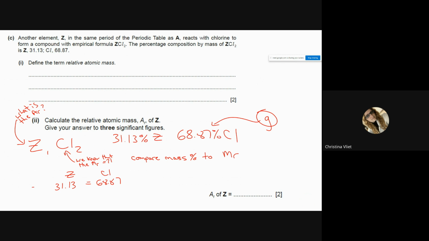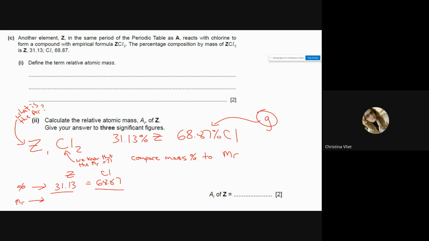And so on the top, I would put my percentages. On the bottom, I would relate their atomic masses. So on the bottom, I would relate their MRs. Do I know the MR for either of them? The relative molecular mass.